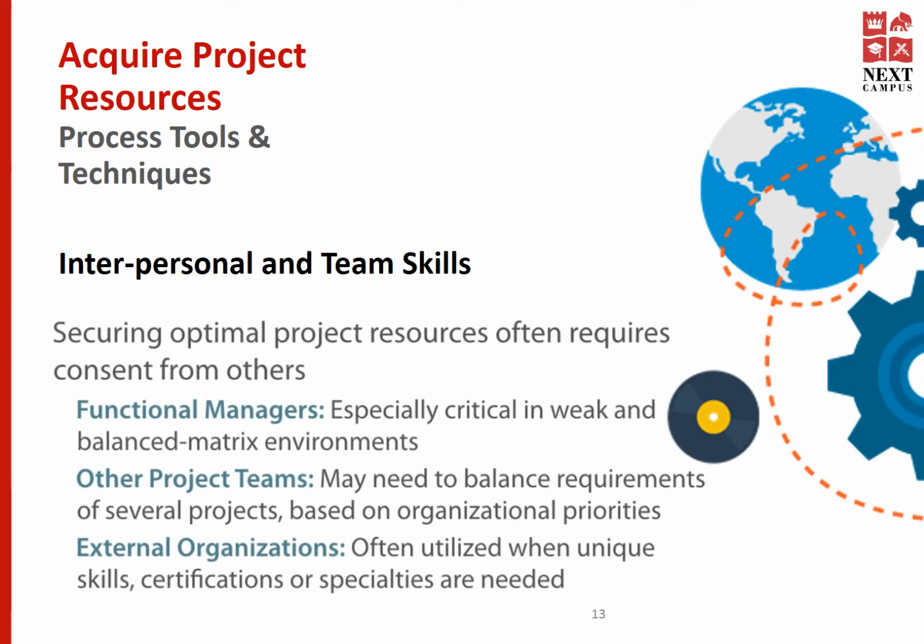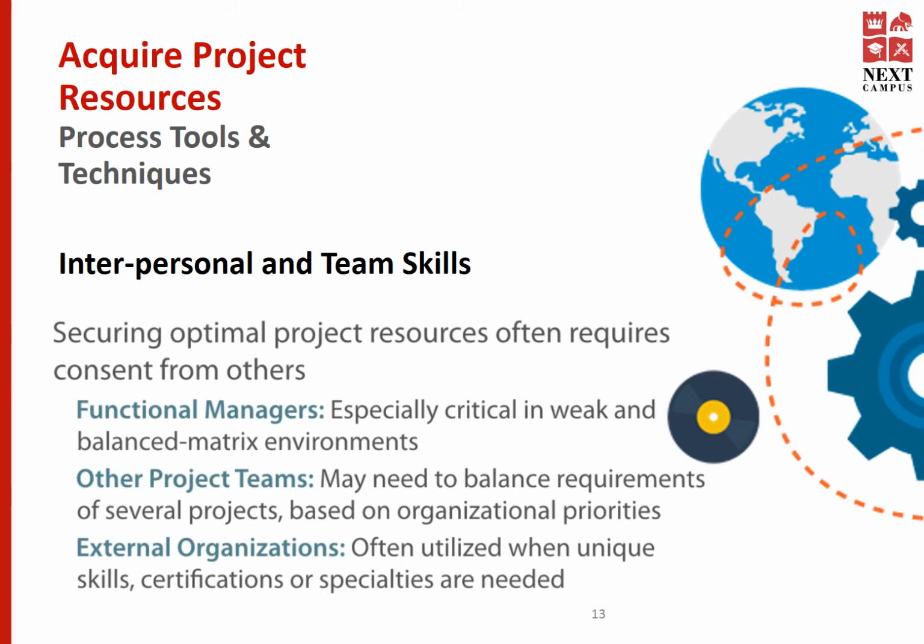Interpersonal and team skills. In terms of acquiring the right resources for your project, you may have to spend your time on this area. Securing optimal project resources often requires consent from others.